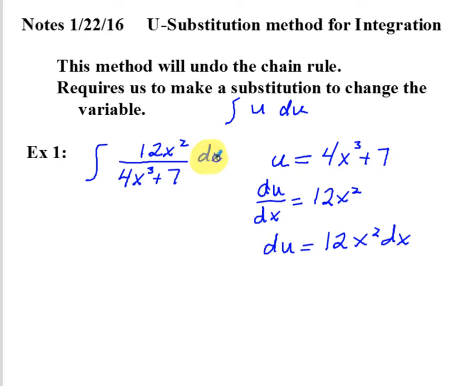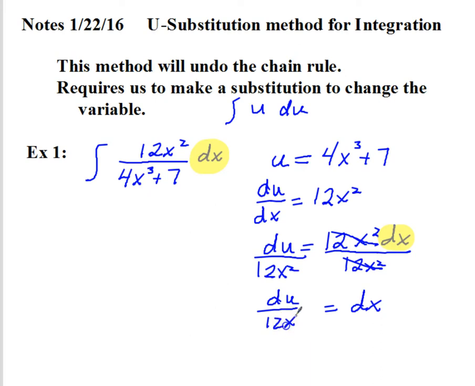If I need to replace this dx in the problem, then this is a solvable equation, and I need to solve for dx over here. Okay, so to solve for dx, divide by 12x squared. Okay, so now I know that dx is equal to du over 12x squared.